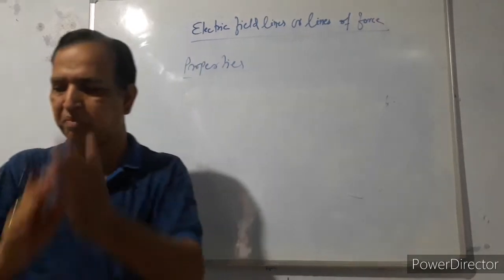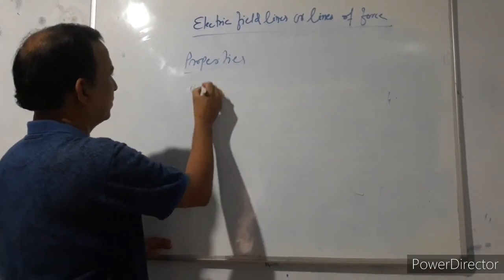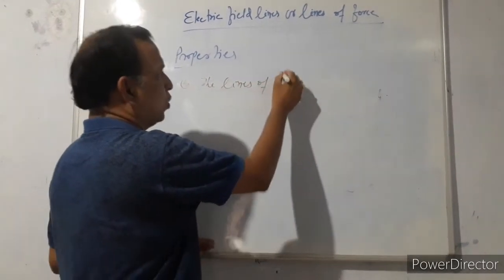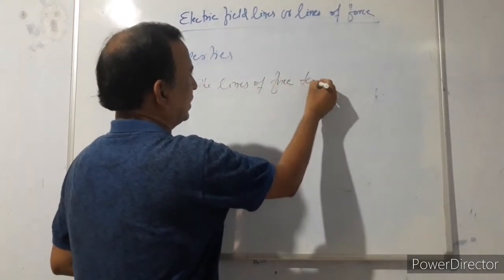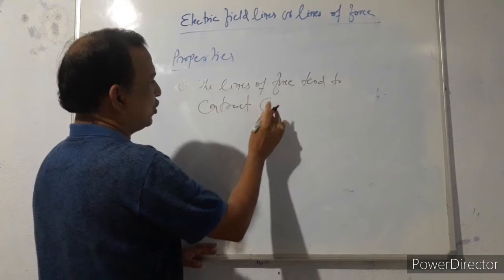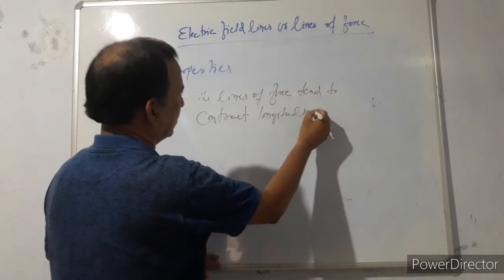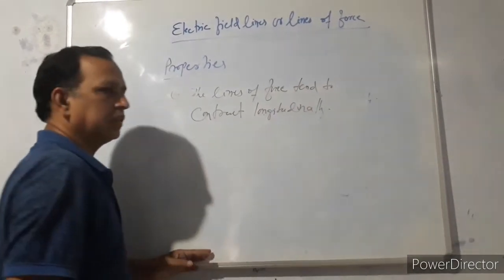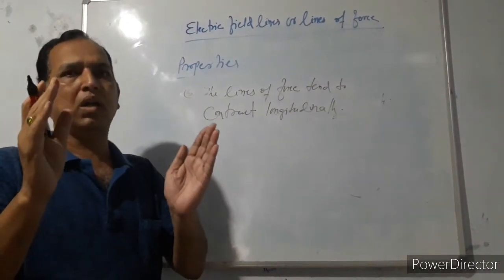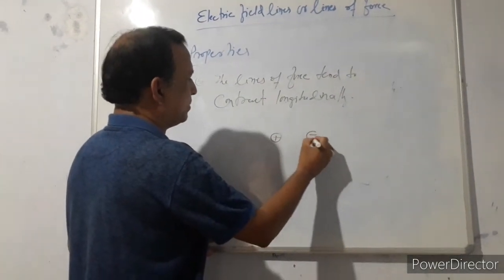Fifth, the lines of force tend to contract longitudinally. Means, suppose there is a positive charge and a negative charge.